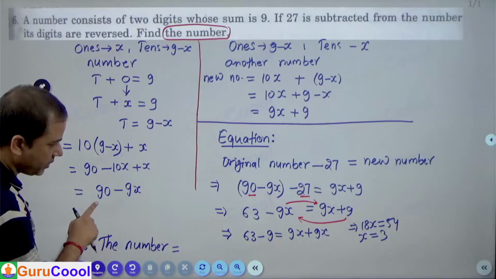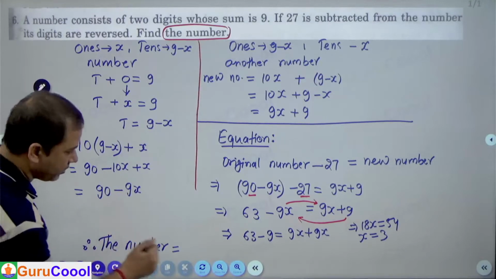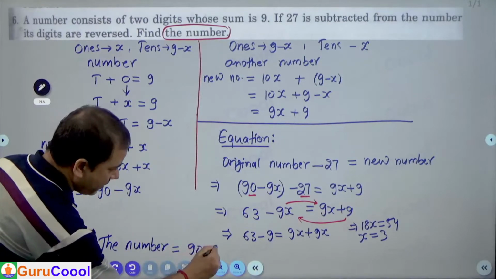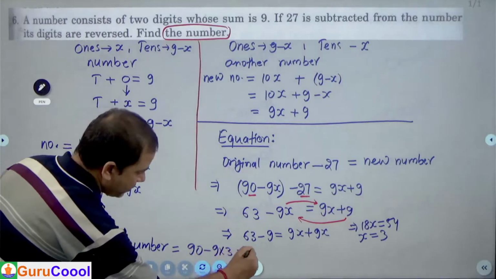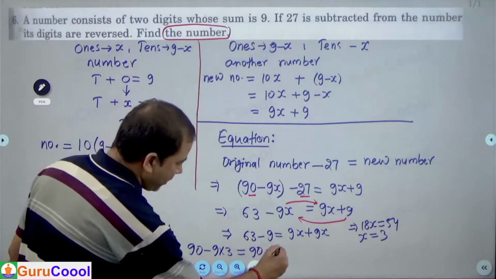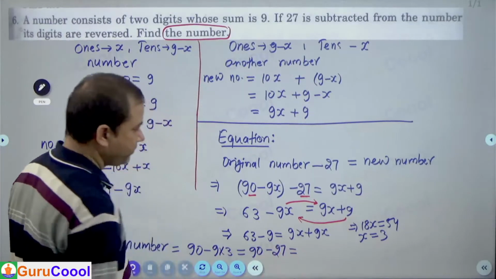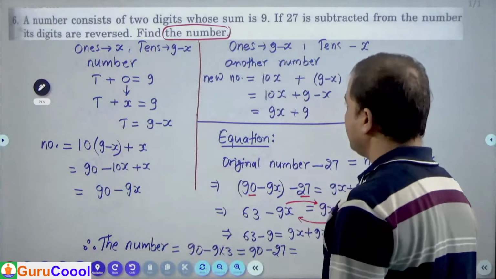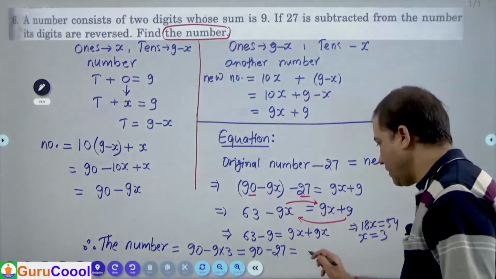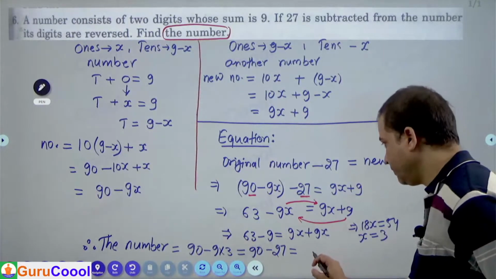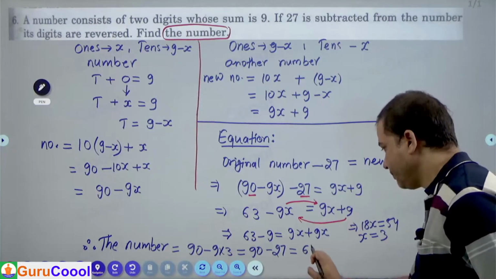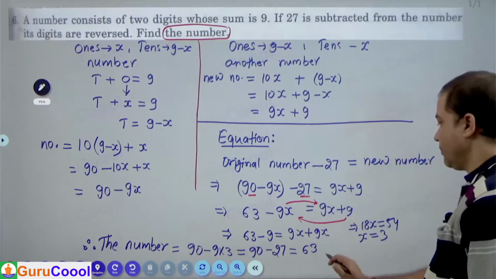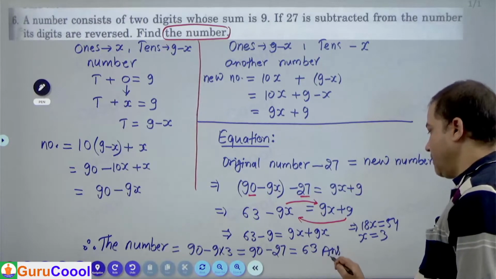So, let us substitute 90 minus 9 into 3. So 90 minus 27. How much is it? Sir, 63. 63? Sure. Yes, sir. Done. We got the original number 63.